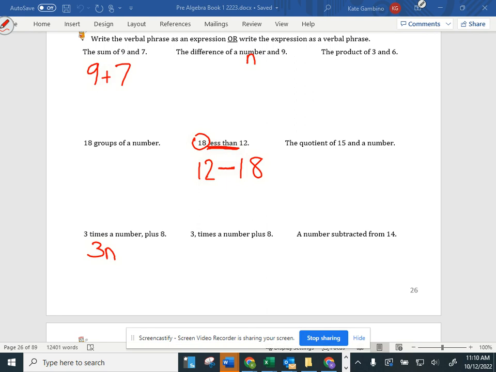We don't actually have to put that multiplication symbol in there. We know that 3 next to the n means times, but big kid math, we don't need to put that multiplication symbol. Then it says plus 8. So then we just finish it off, plus 8. So we know we're doing 3n first.